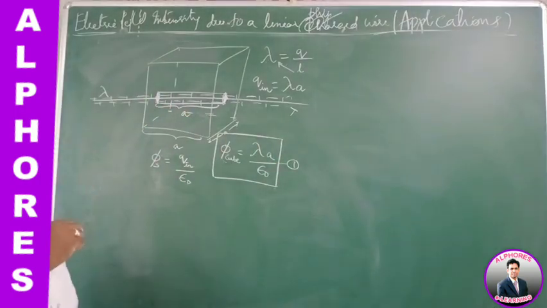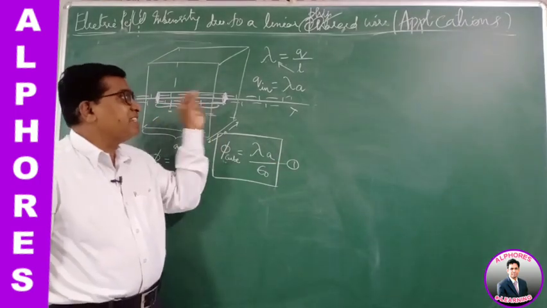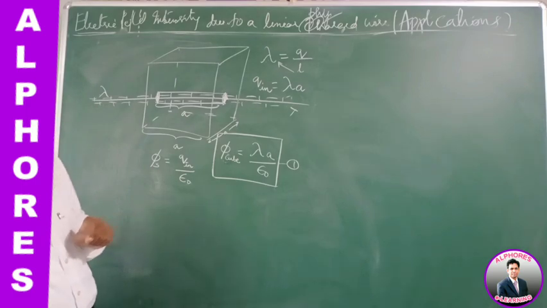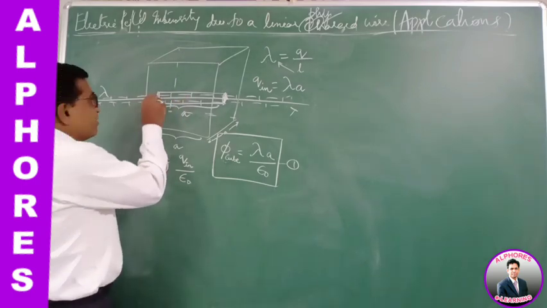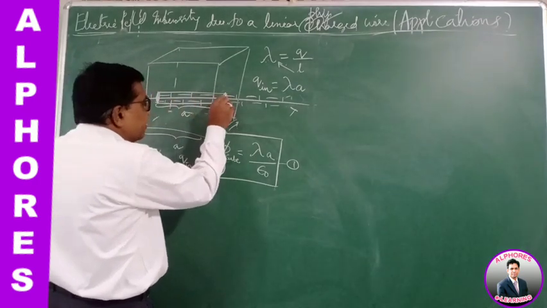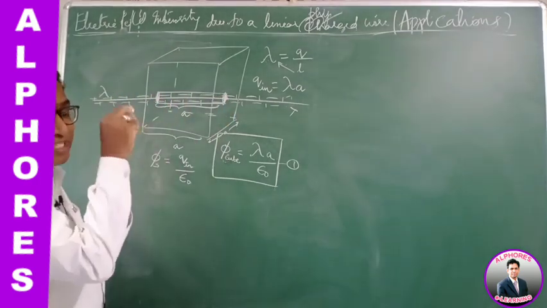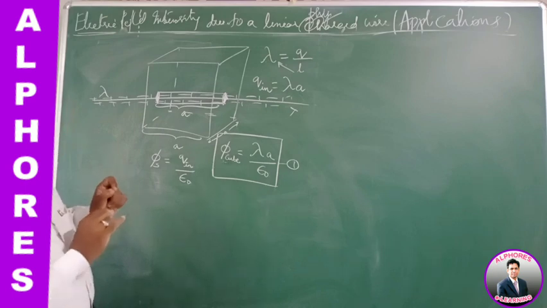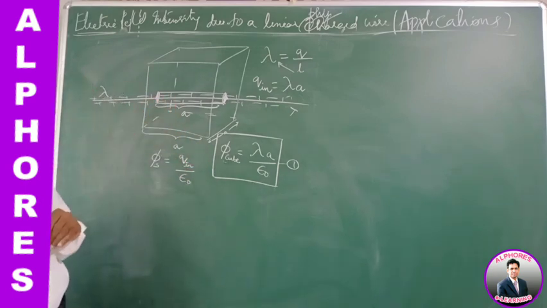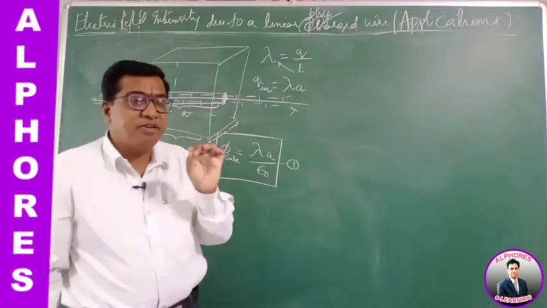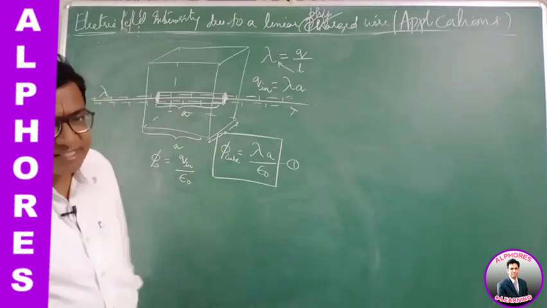It's a second question. Suppose this linear charge conductor, instead of existing from the midpoint of one side to the midpoint of another side, is oriented inside such that maximum flux is associated with the cube. This question was asked in a previous AIIMS, All India Institute of Medical Sciences.